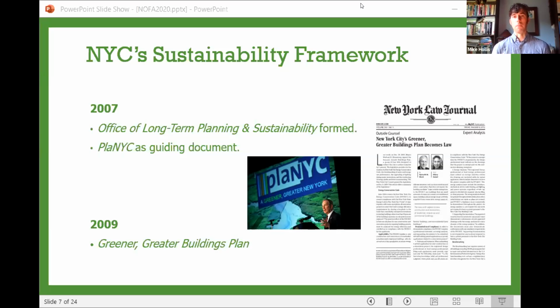The PlaNYC, while it's been updated a number of times, is still a really amazing document to look at in terms of the goals it set, the way it broke down those goals into particular milestones and different initiatives, and the wide range of environmental categories it covered, from housing and neighborhoods to parks and public spaces to brownfields, waterways, the water supply, transportation, energy, climate change.